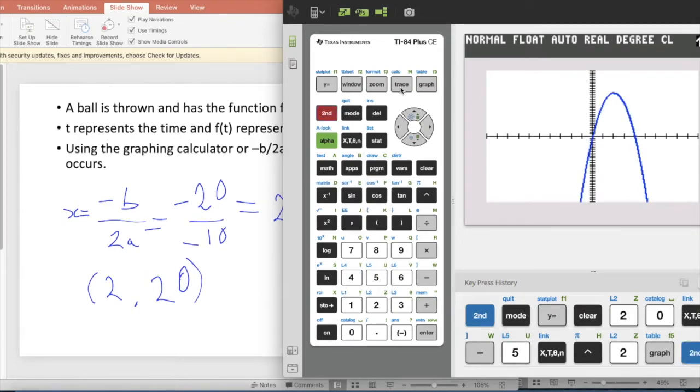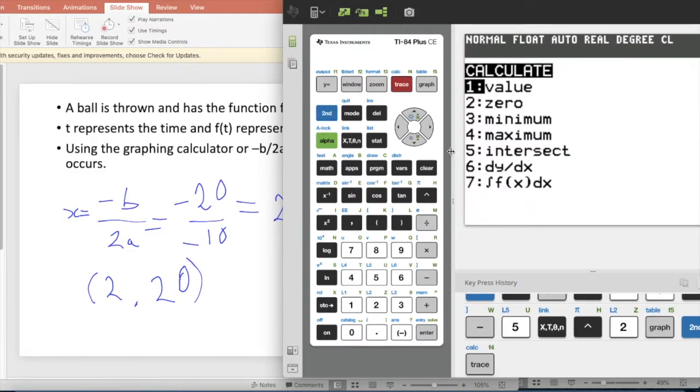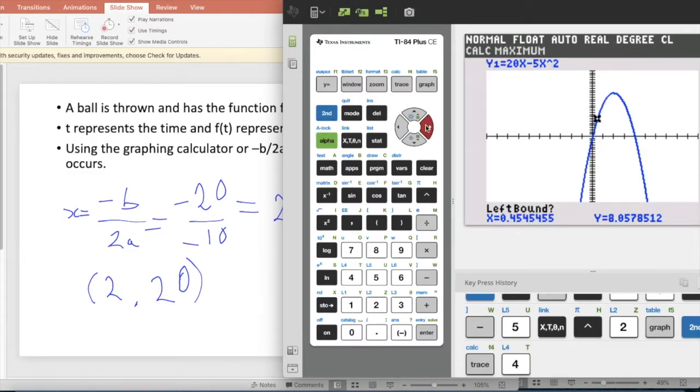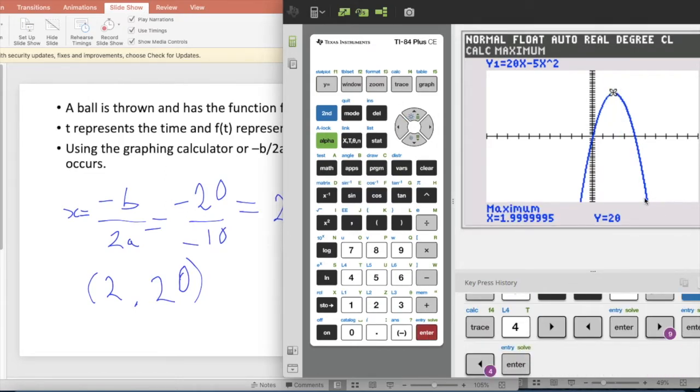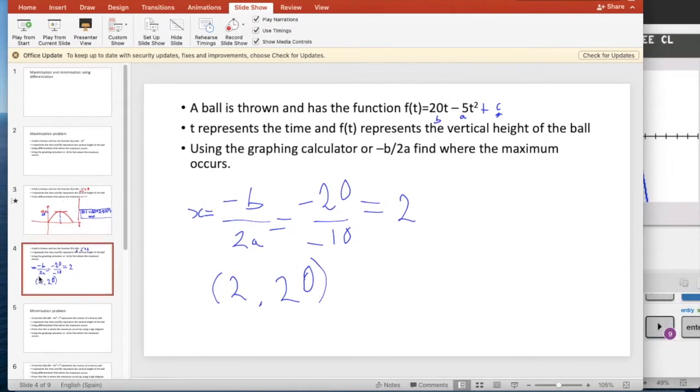And there is our function. And we just want to find where the maximum occurs. So we press second trace, maximum, number 4. We select to the left of the maximum. Then we select to the right of the maximum. And then we just select in the middle. As easy as that. So then we get the maximum occurs at 1.9999. You can see that's supposed to be 2, 20, as before.